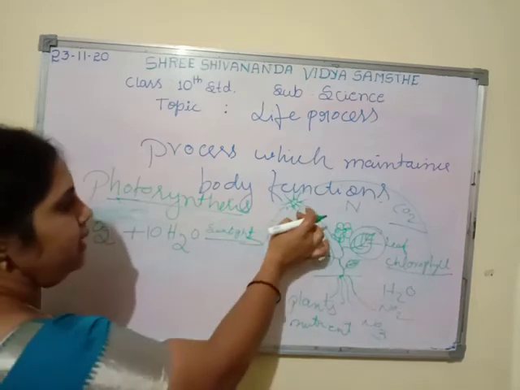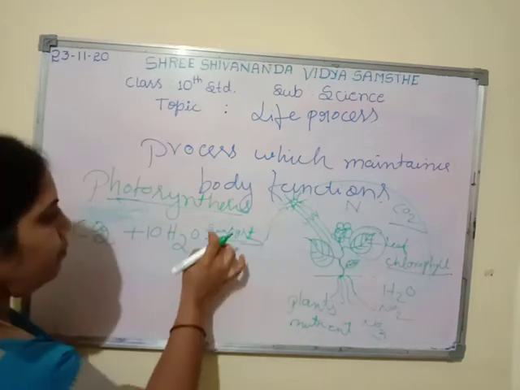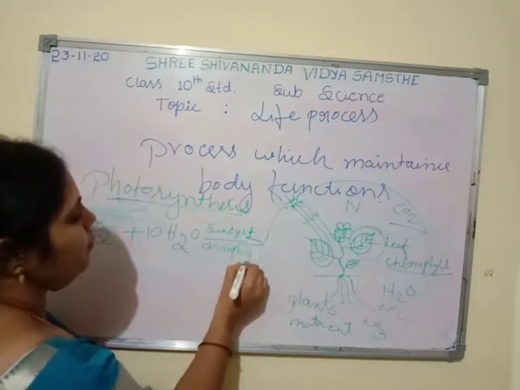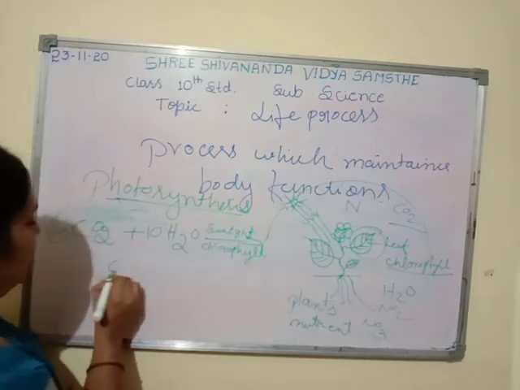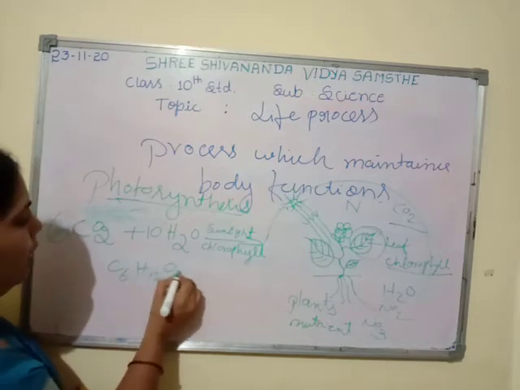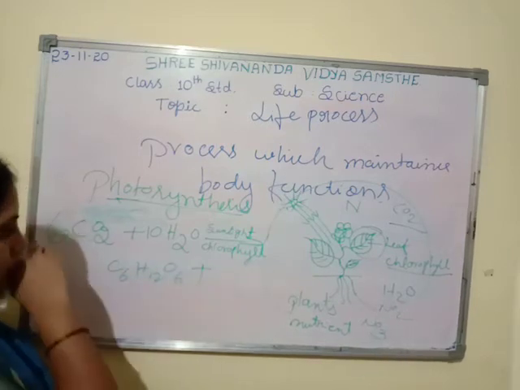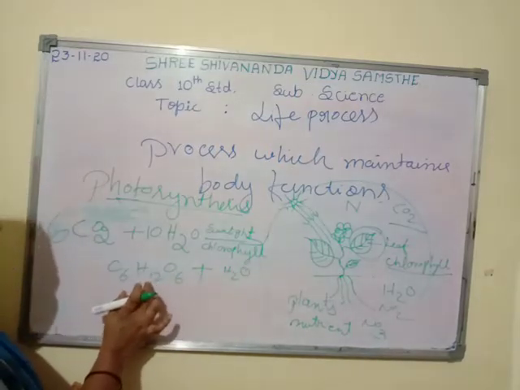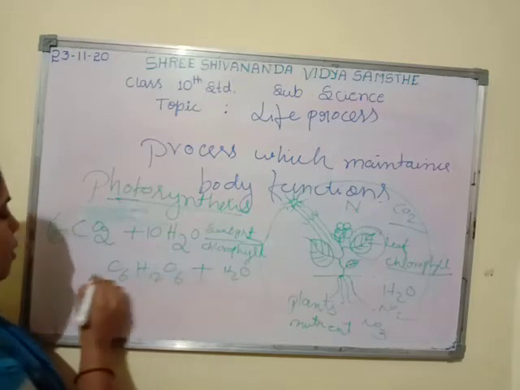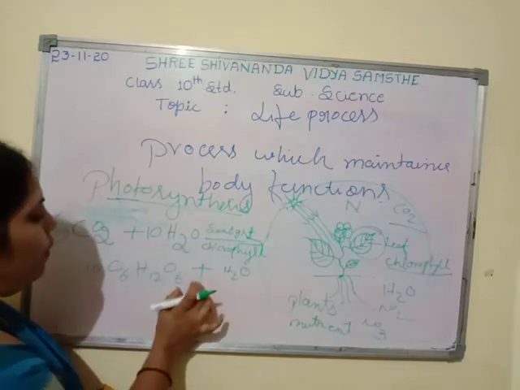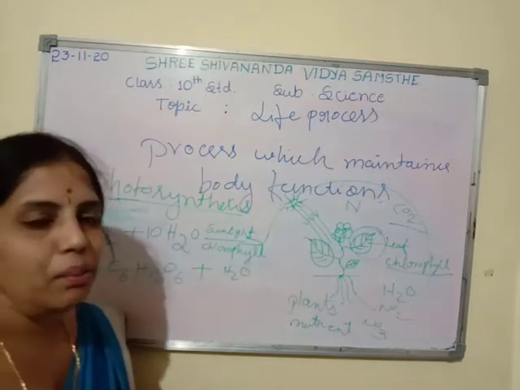Sunlight is the main source of energy, along with chlorophyll. Then they can prepare their own food in the form of C6H12O6 plus water.